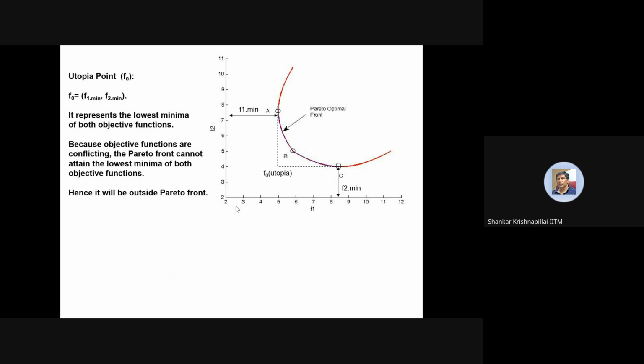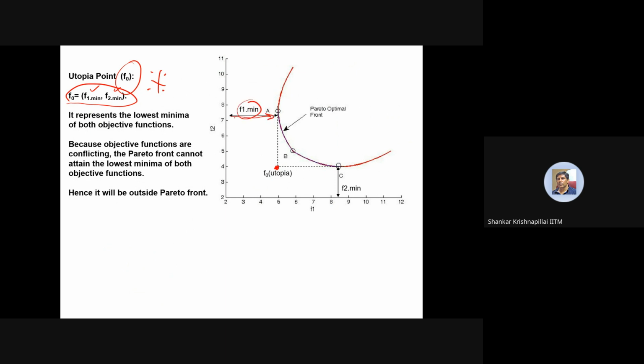Then lastly, I think we'll stop with this slide. The concept of utopia point. This is highly important in multi-objective optimization. This utopia point concept is used in several algorithms. So what is the utopia point? The utopia point F0 is the point where you get the simultaneous individual minima of F1 and F2.